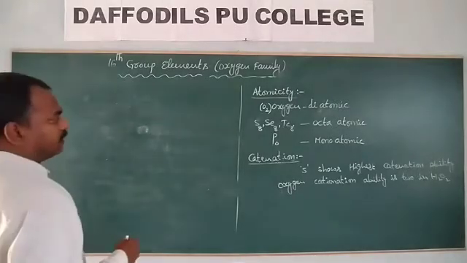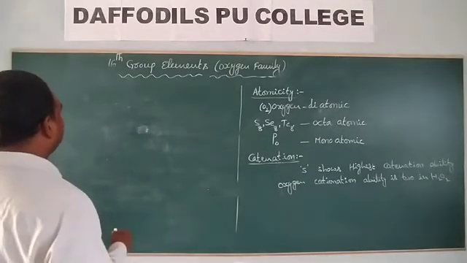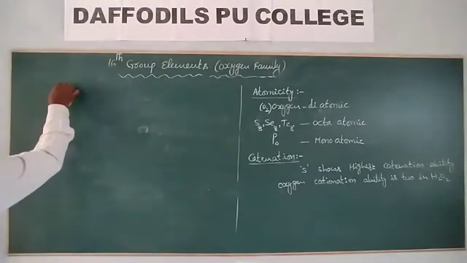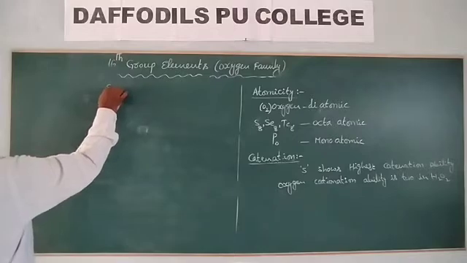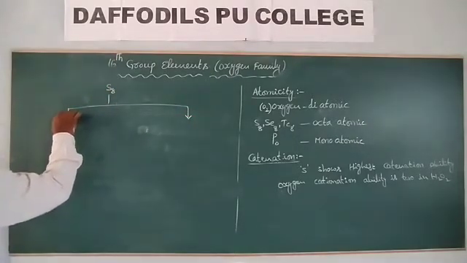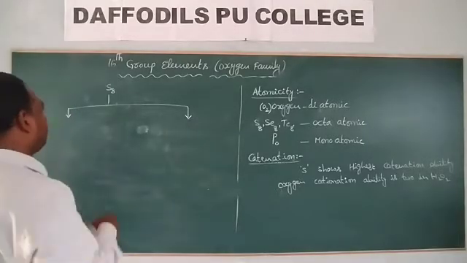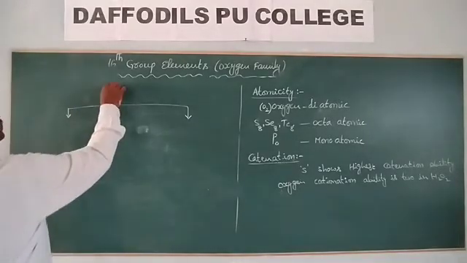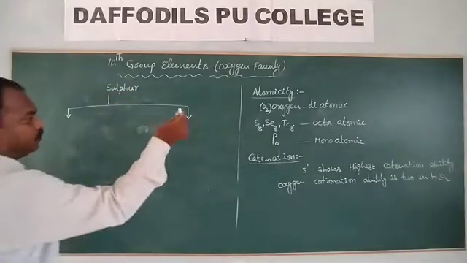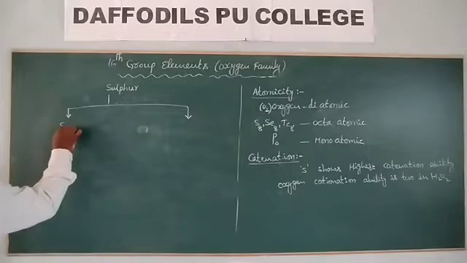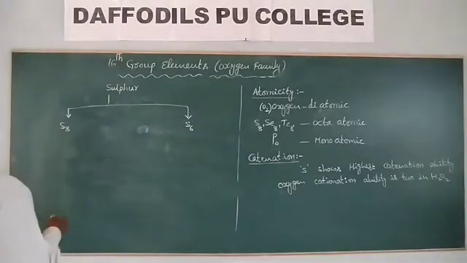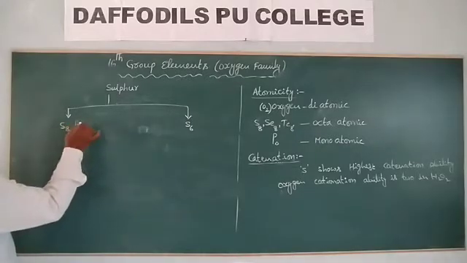When sulfur is in octaatomic molecular form, it has the crown shape. Sulfur can show 2 atomicities. One is S8 form, another one is S6 form. In S8 form, it has crown shape.